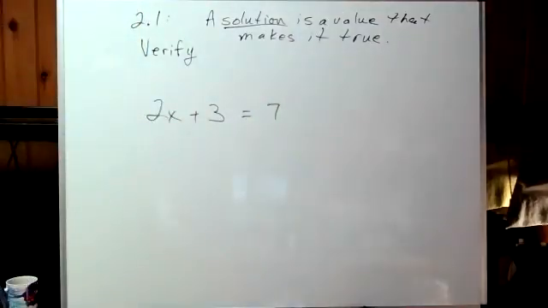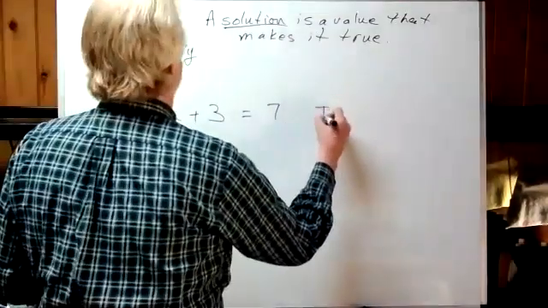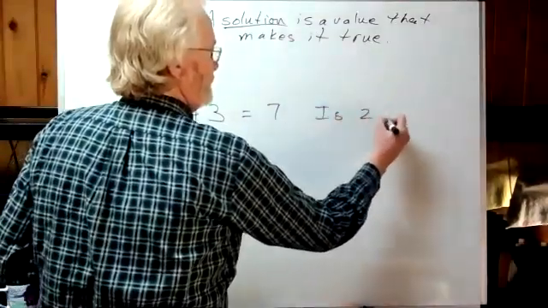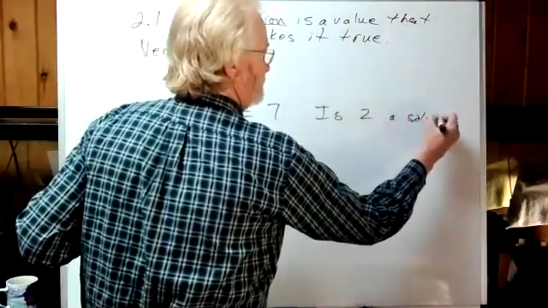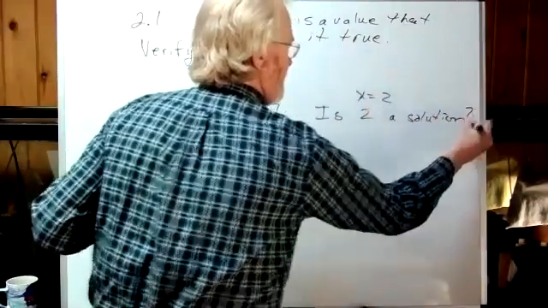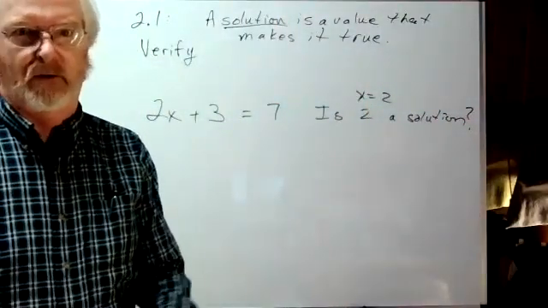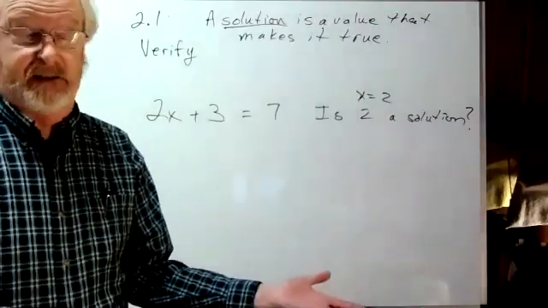All right. So to verify, let's see, is 2 a solution? If x is a 2, does it make this true? So this is like you did last section, evaluate.